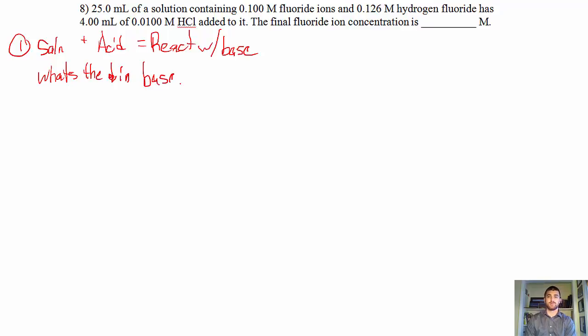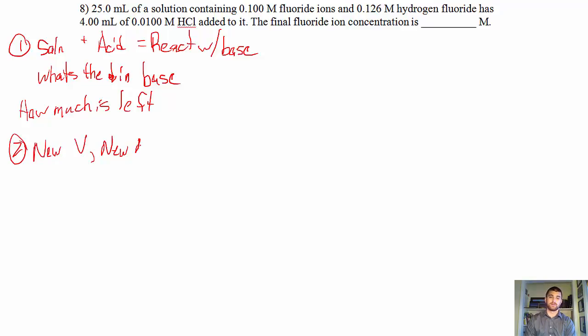How much base was used up by adding that acid? Because it's going to change our concentrations for things. So, how much is left? And the second part is, we got a new volume, so we get new molarities as well. So let's start dealing with some of this.